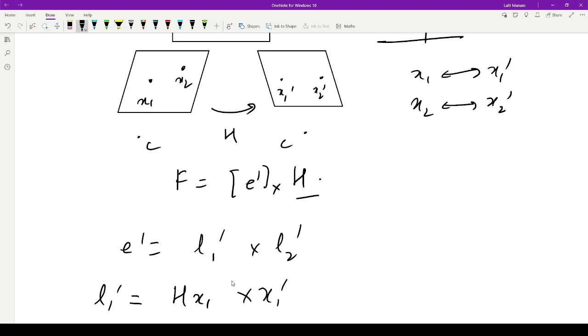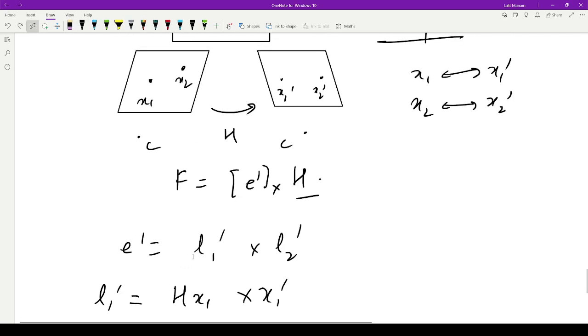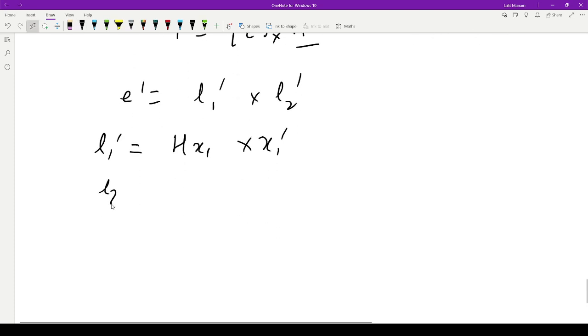Like this. Okay. So this will get 1 point in the right image plane, and we are given another point in the right image plane. So given this, we get L1 prime. Similarly, L2 prime is this.